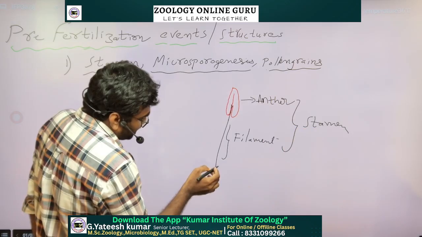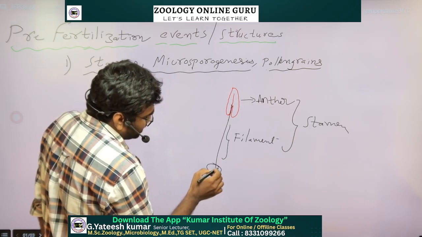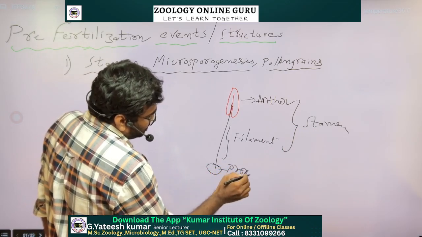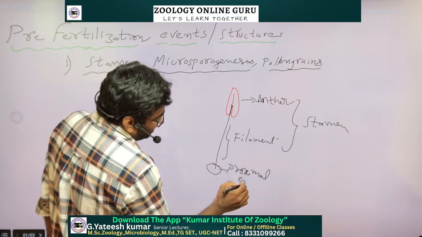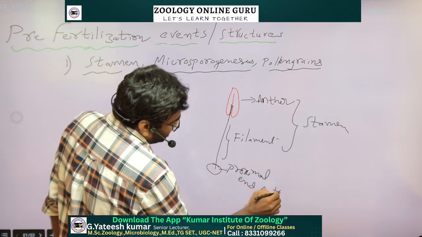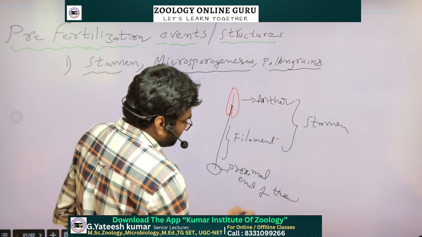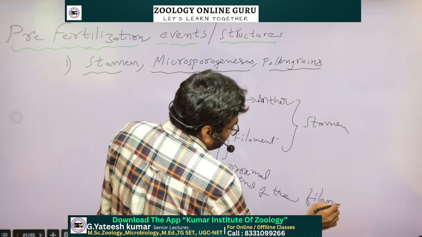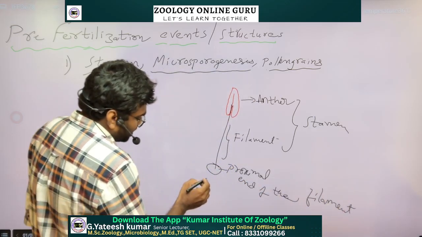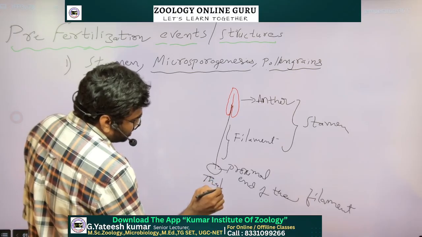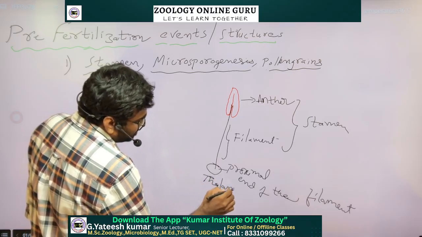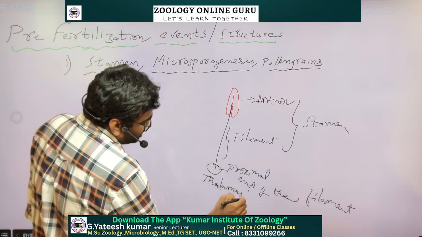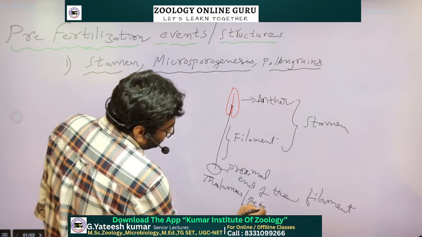The proximal end of the filament, and it is a previous NEET examination question: the proximal end of the filament attaches to which part? It attaches to the thalamus or petals.